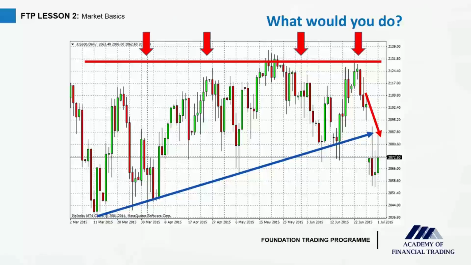We can see that most recently on this chart, at the end of June, the beginning of July, that uptrend, if you like, did break. Okay, and we need to understand whether or not that was significant. That's what we will be looking at next week.